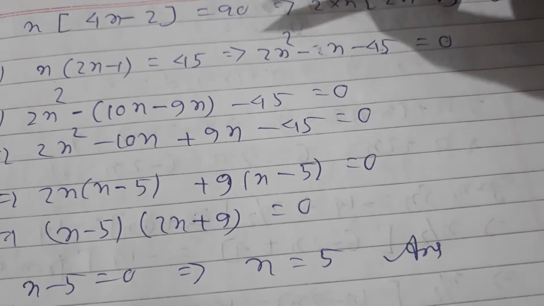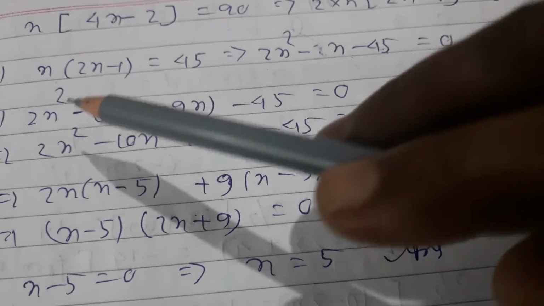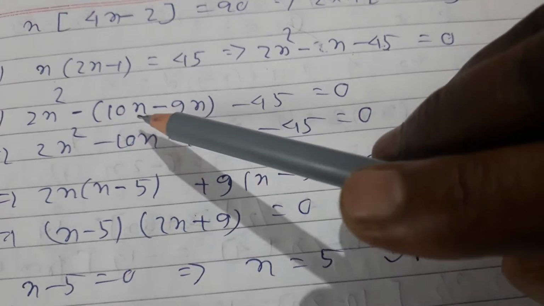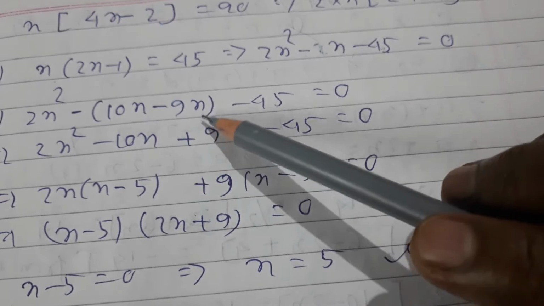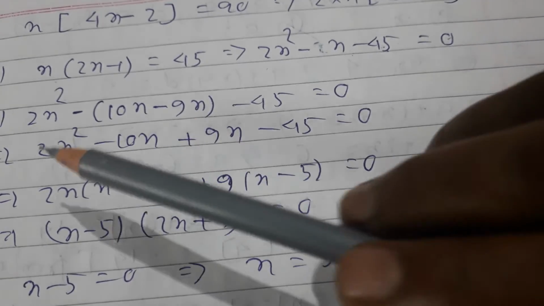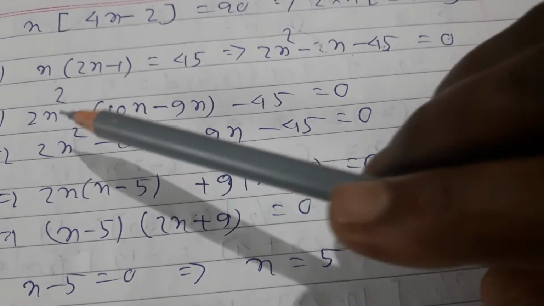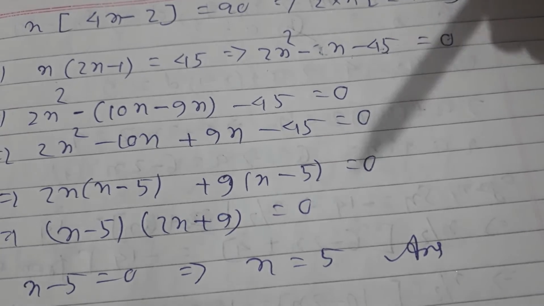So 10 into 9, 90, and 10 minus 9, 1. So 2n square minus 10n plus 9n minus 45 equal to 0. Now break the bracket: 2n square minus 10n plus 9n minus 45 equal to 0.